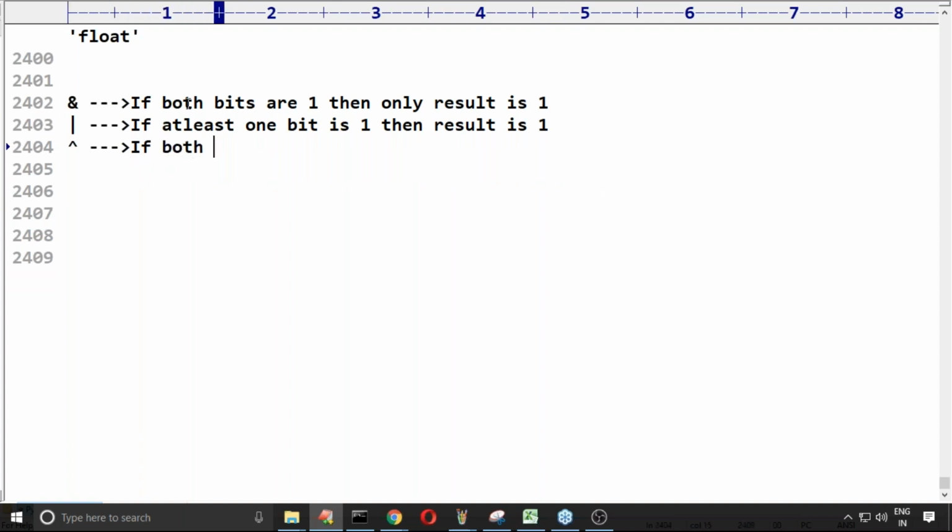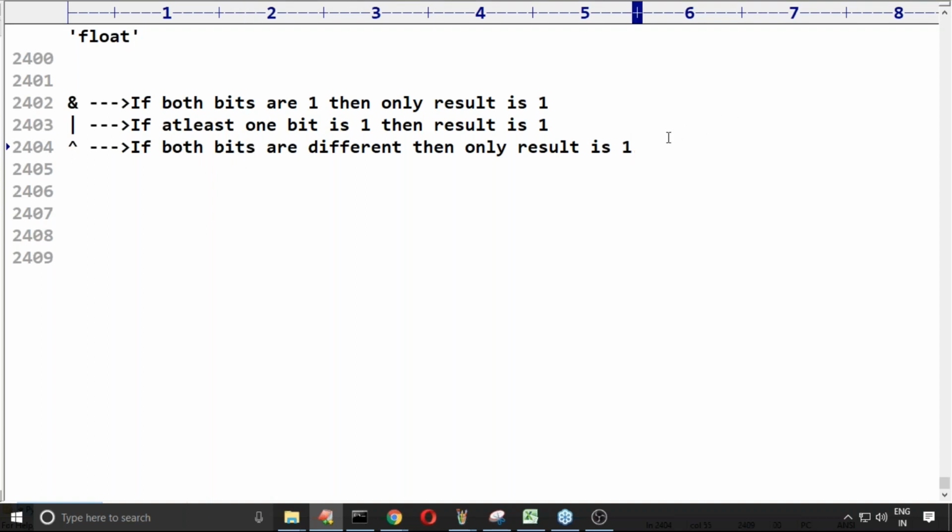If both the bits are different, then only the result is 1. Either 1 0 or 0 1, then only the result is 1.